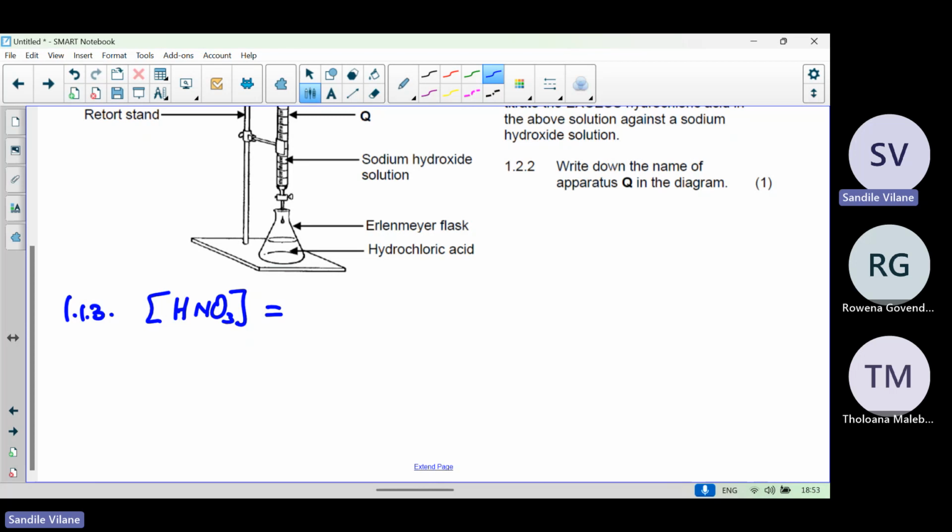For a strong monoprotic acid, the concentration of the acid is approximately the same as the concentration of the hydronium ions. But if it was a polyprotic acid, for example, sulfuric acid, H2SO4, then the concentration of these H3O+ ions will be twice the concentration of your acid. Be careful.